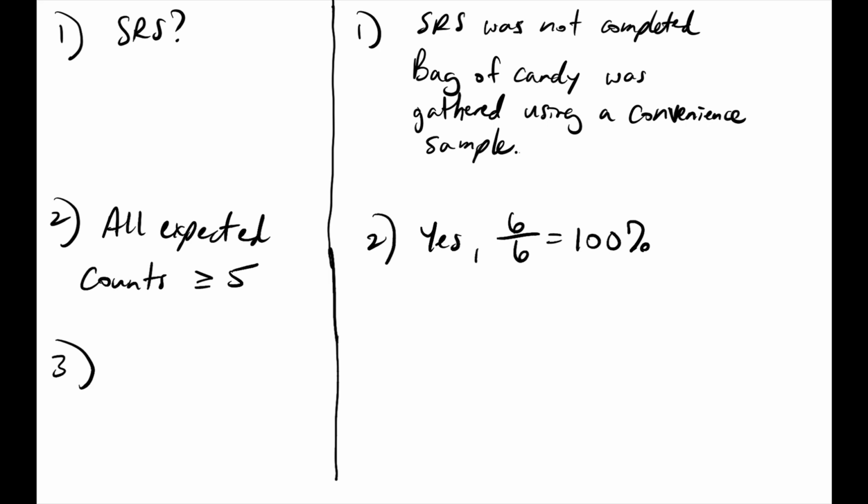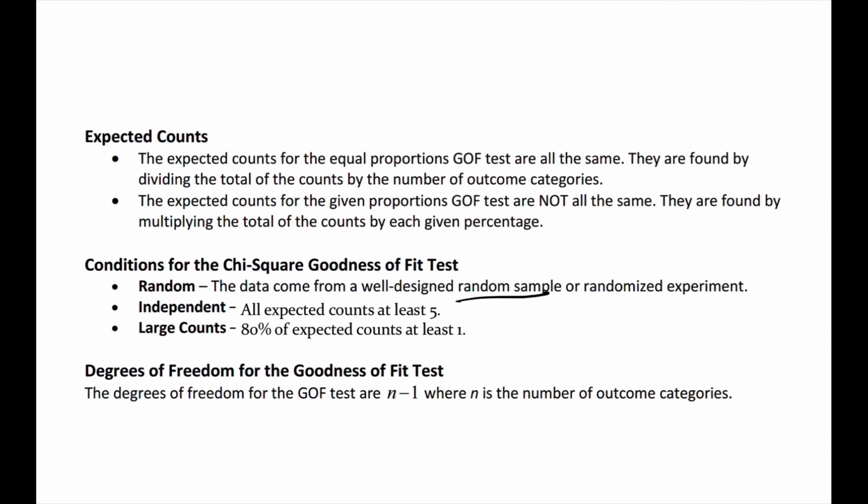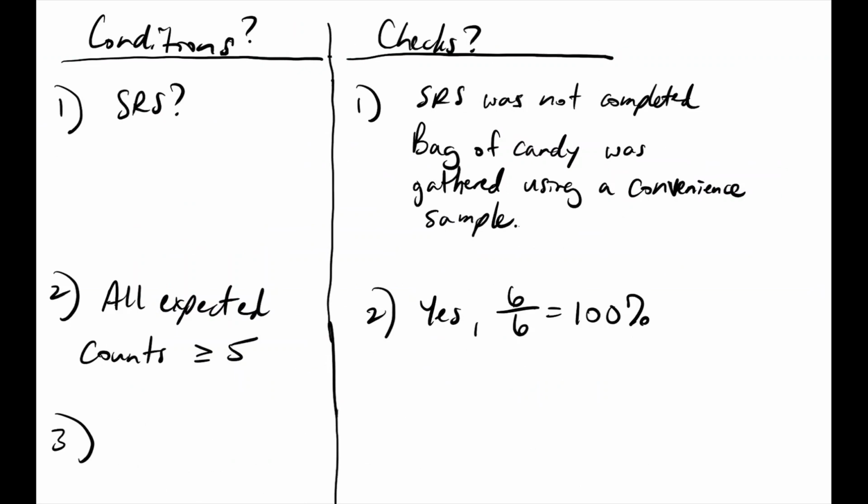The last one says large counts. 80% of our expected counts are at least 1. 80% of them are at least 1. Okay.